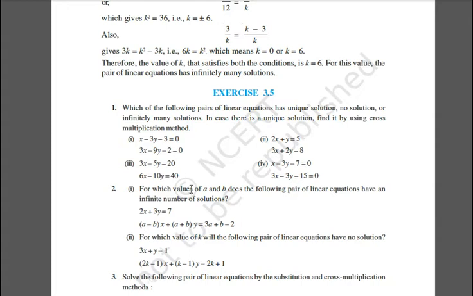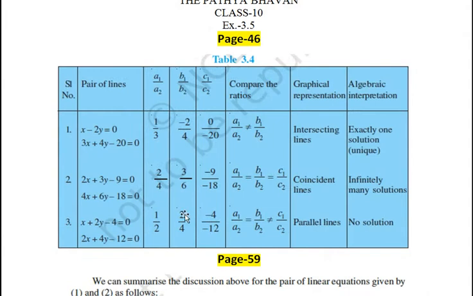Now let us see some of the basic things which we must know before doing this exercise. Previously on page number 46, table 3.4, this must be remembered properly. Here we considered that in case of two linear equations, after comparing the values of a, b and c, if a1 by a2 not equals to b1 by b2, then according to graph they will be intersecting lines, and algebraic interpretation will be, it will have exactly one solution, that is, a unique solution.